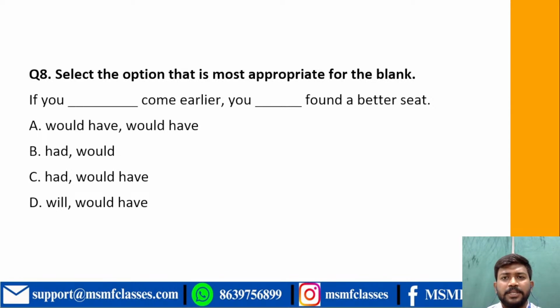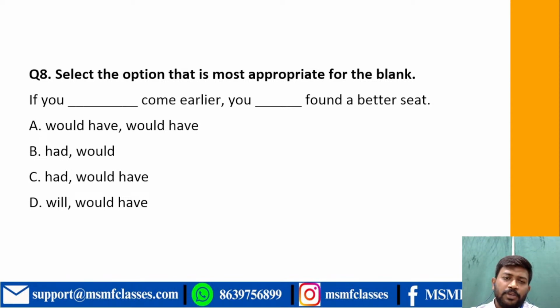Now select the option that is most appropriate for the blank. If you dash come earlier, you dash found a better seat. By observing the structure, this belongs to if clause conditionals.